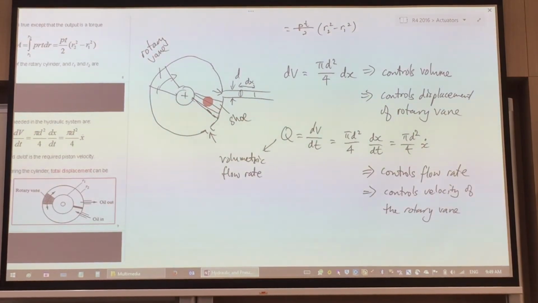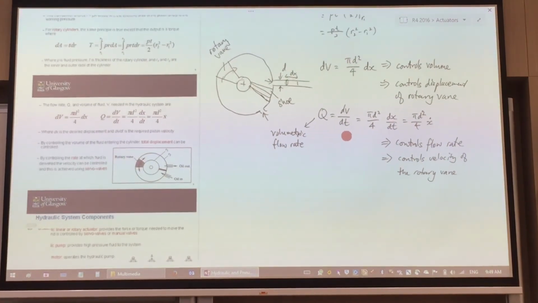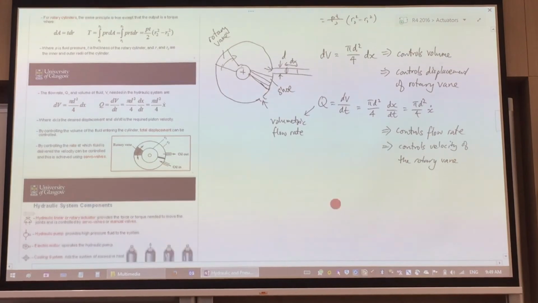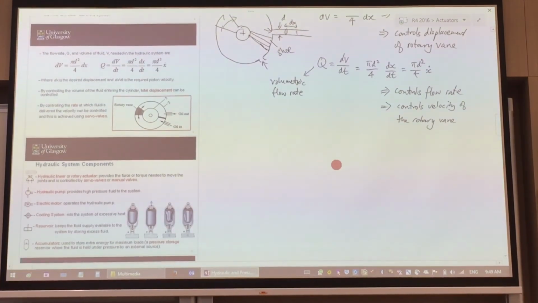Some of these components will go into your hydraulic system, and I've put down this hydraulic schematic. You don't have to memorize that. It's something that I added on. Your class notes actually don't have that, so I added it so that you could appreciate that there's a huge volume of knowledge behind the hydraulics.